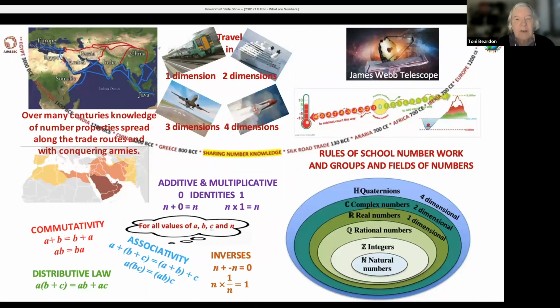Now, while you're doing that, I just want to say one thing, and that is that what we've been talking about is just the process of learning school mathematics in an informal way, in the sense that you don't use all the big words in primary school, and then making it gradually more formal when you introduce the real words: commutativity, associativity, distributive law, and so on in year 9. And then thinking of the rules.